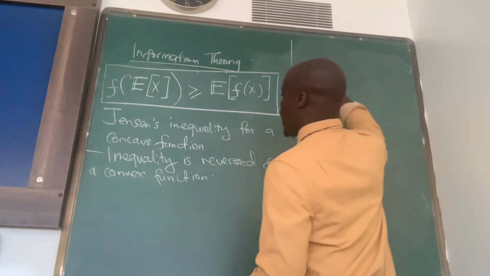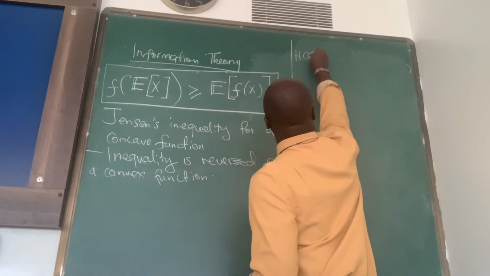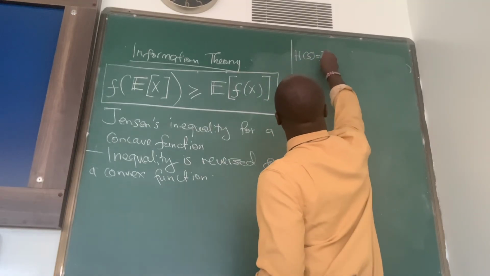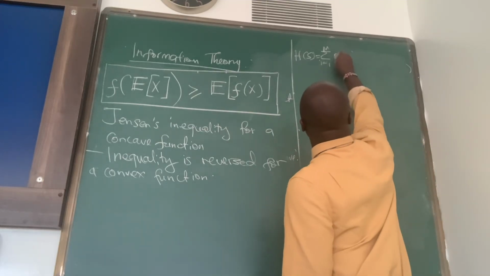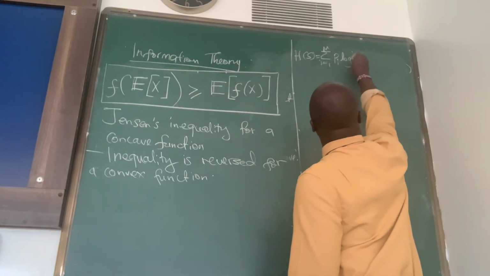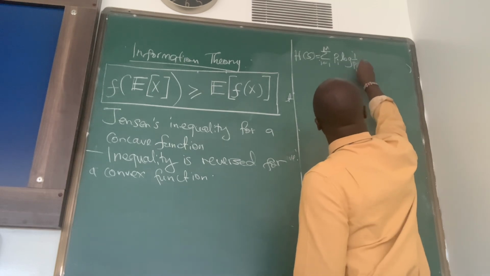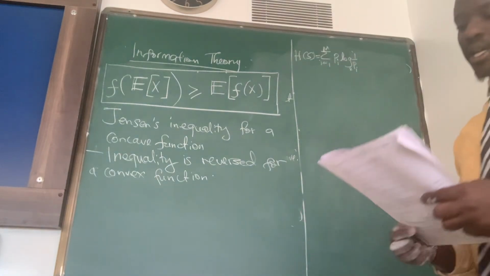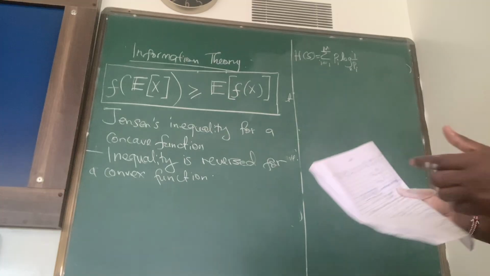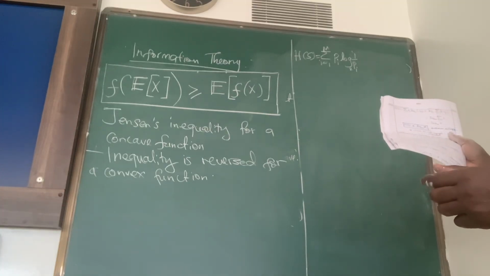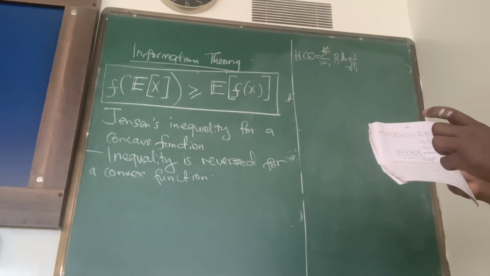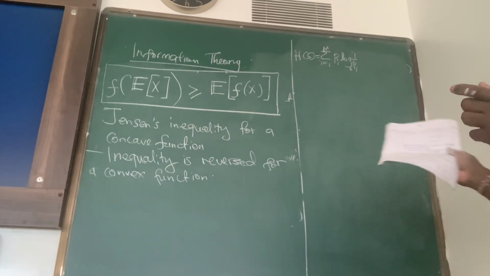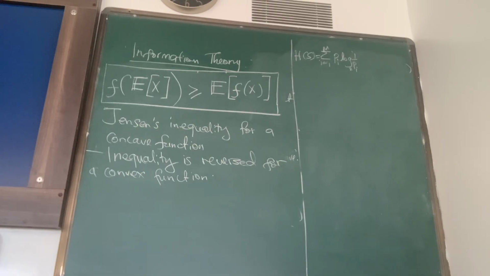So we say that entropy H(S) is equal to the summation from i equals 1 to m of p_i log 1 over p_i. That's log to base 2. Yeah? That was our entropy. Now, if you look at this function properly, which side of this inequality is it representing?